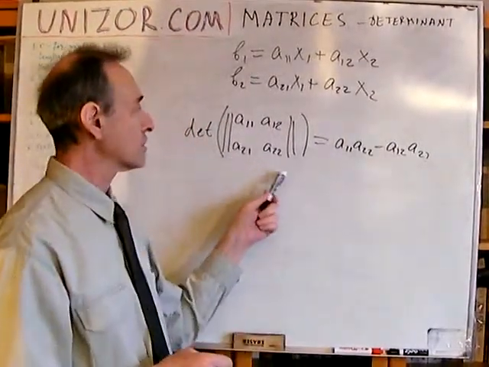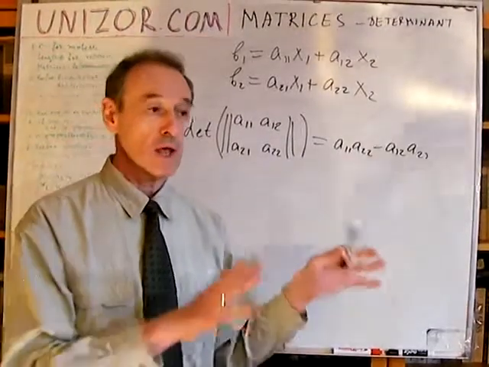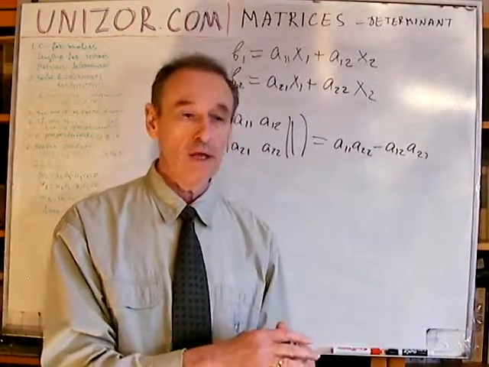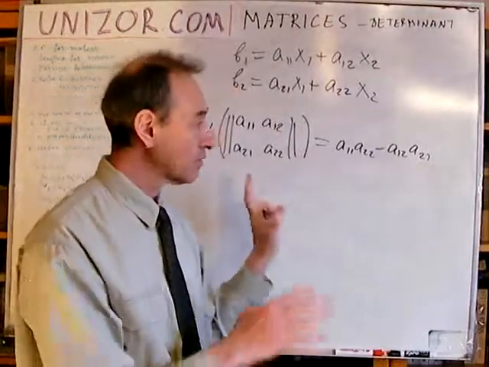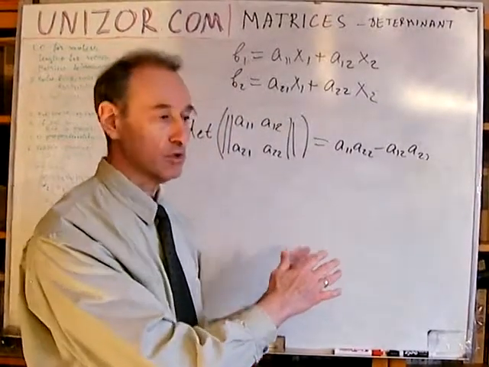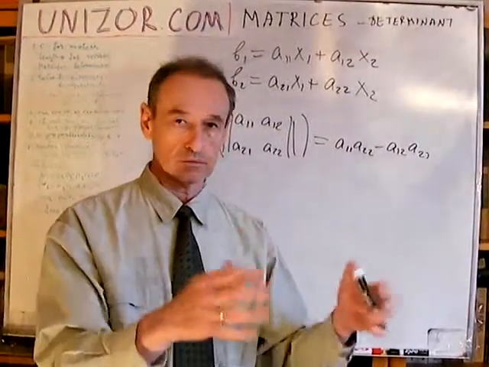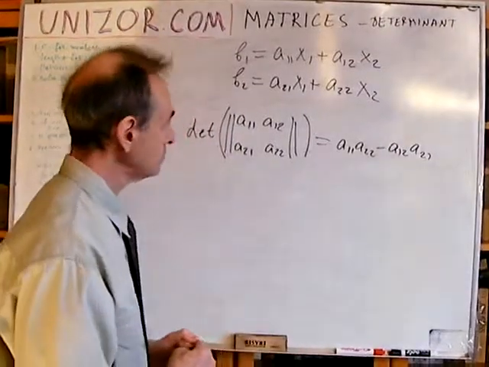For 2 by 2 matrices, this is the expression. There is also an expression for 3 by 3 and for all other matrices. But right now, today, it's only for 2 by 2. Maybe some other day we will do some other dimensions.